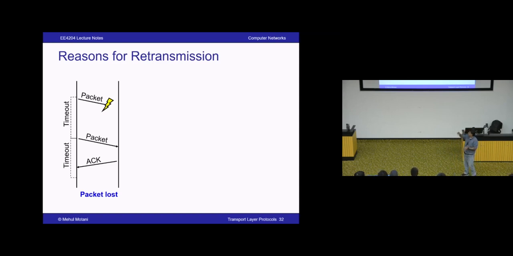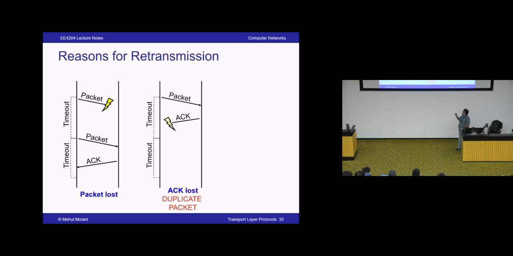The timer is going to expire, and the sender will resend the packet because it's going to assume something went wrong. It sends the packet, then gets an ACK, and everything's good. This is what I call packet loss. In this instance, you actually want to resend the packet because the first packet got lost. We'll leave the timeout for a minute, assuming I set a timeout.